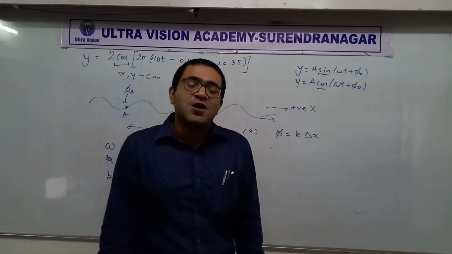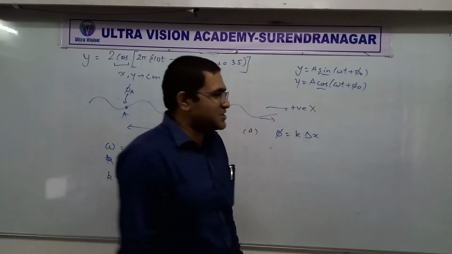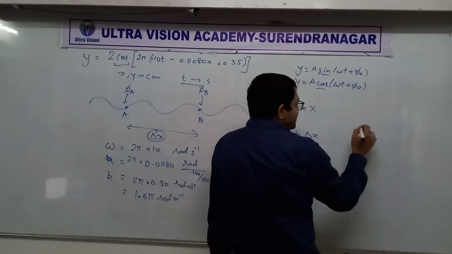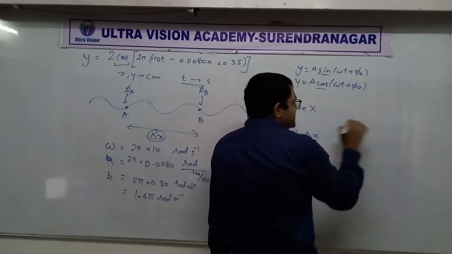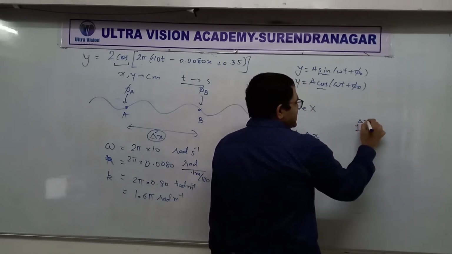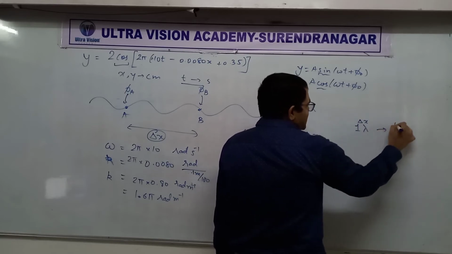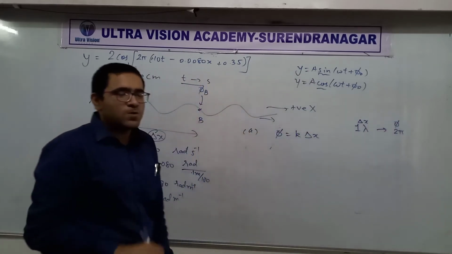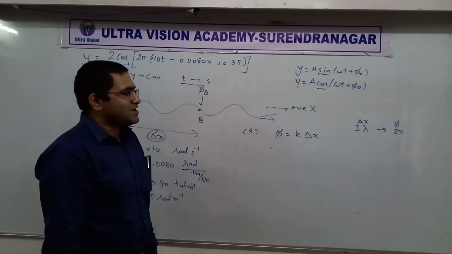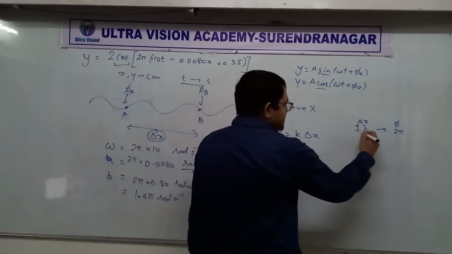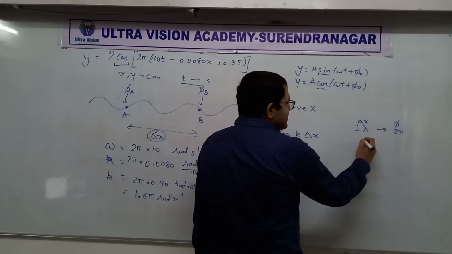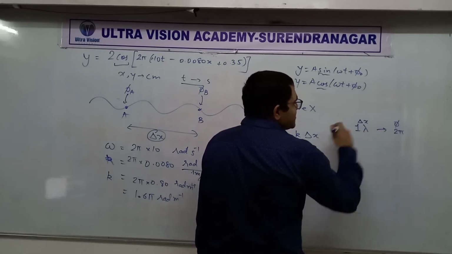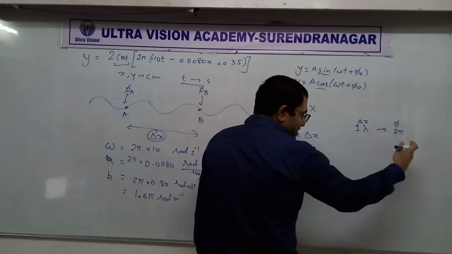Very good if you can remember the relation. Otherwise, use the poor man's method. What's the poor man's method? One wavelength distance gives you a phase difference of 2 pi, isn't it? Then whatever distance you have to find, you can put here into cross multiplication.